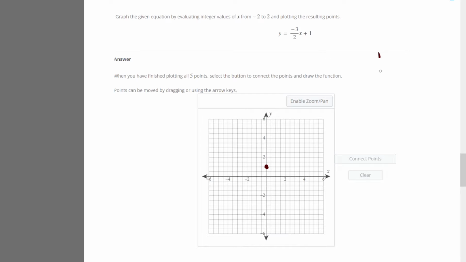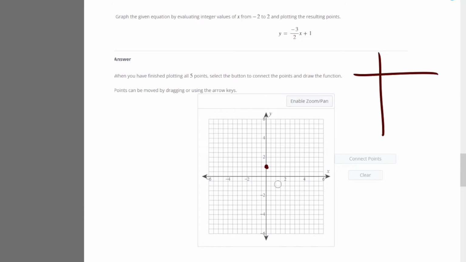You could make a table and plug in values for x, and then find what y is. But I like just graphing it with what we have already. So we know that our slope is -3/2.